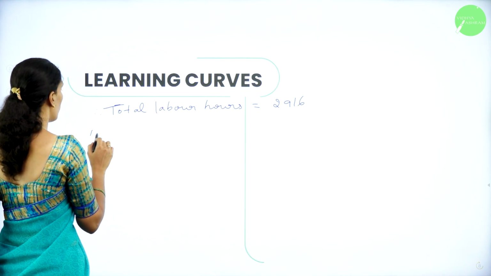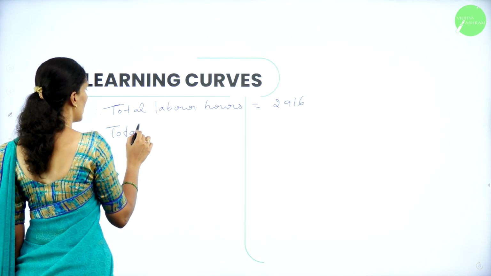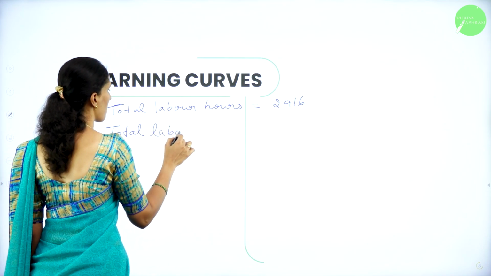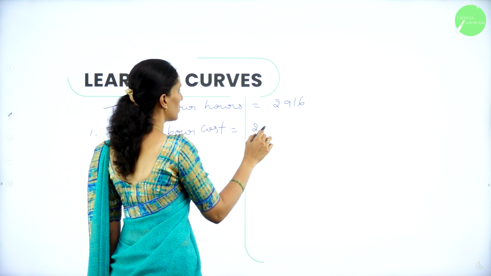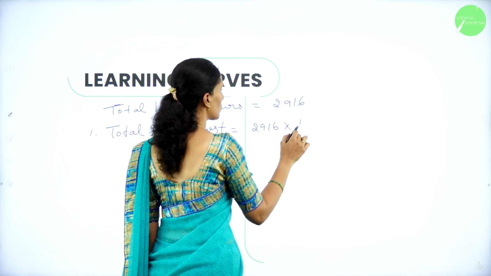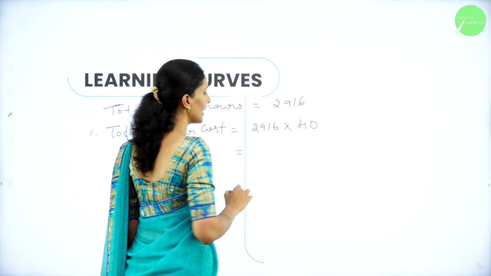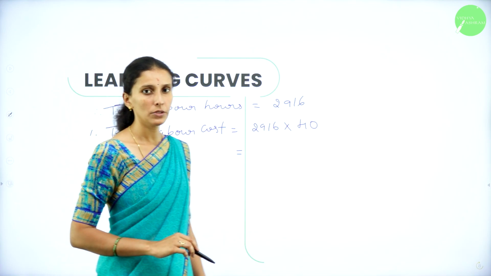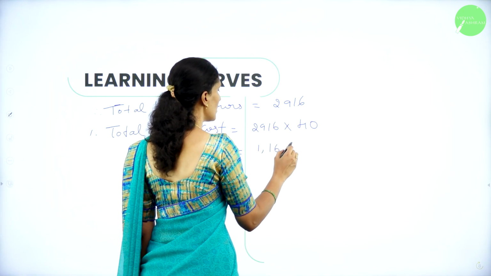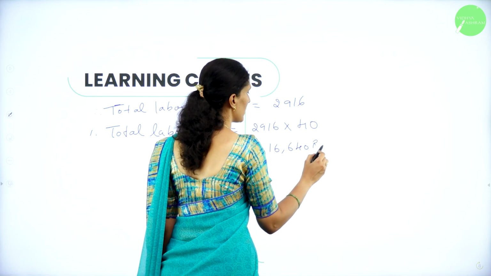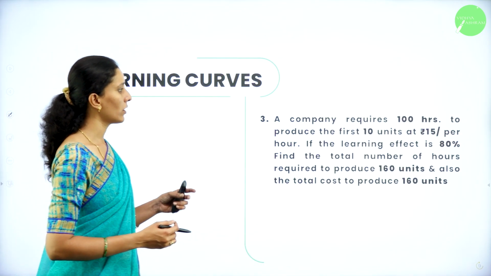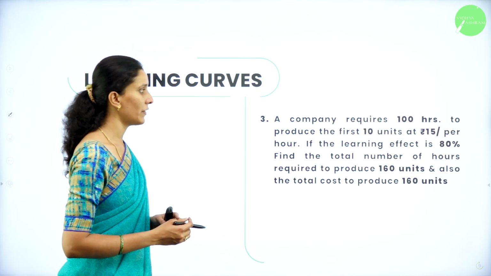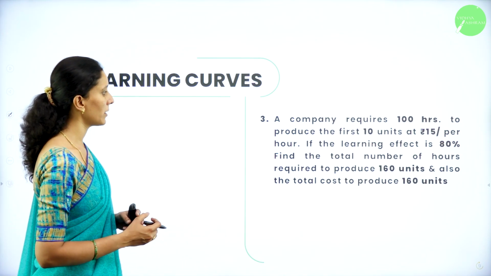Now, therefore, total labor cost. So the cost was 40 per hour. So for 2,916, it is 2,916 into 40, which is equal to 1,16,640 rupees.